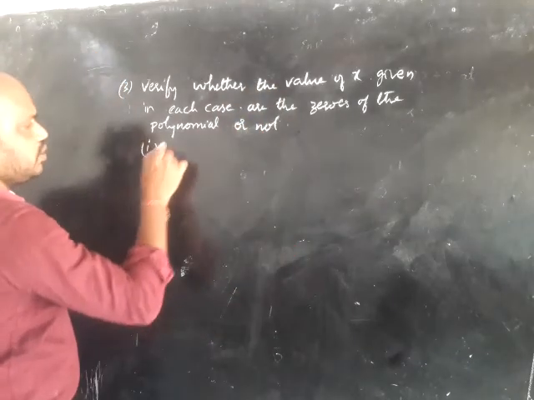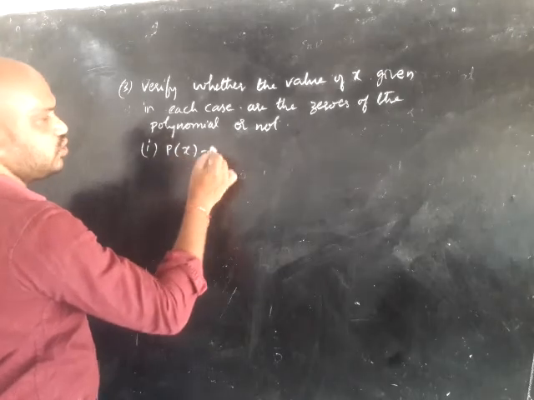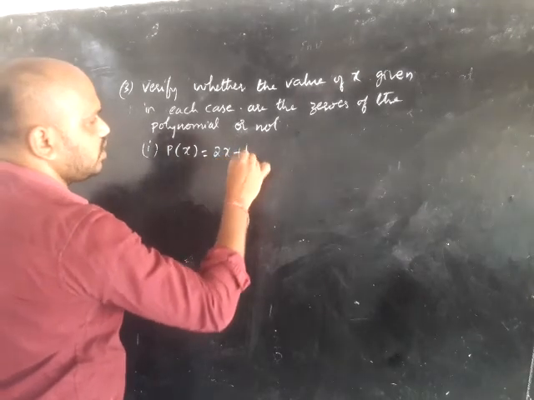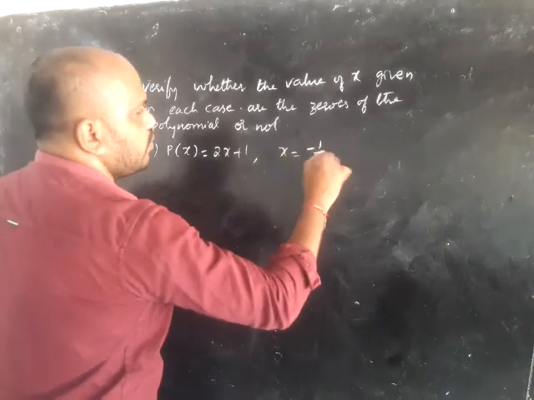The first one, P of x is equal to 2x plus 1 and x is equal to minus 1 by 2.